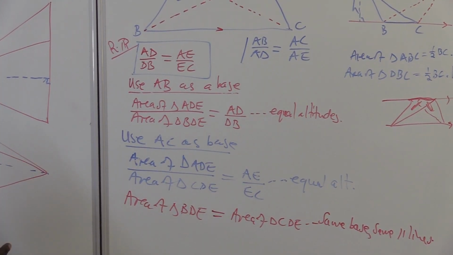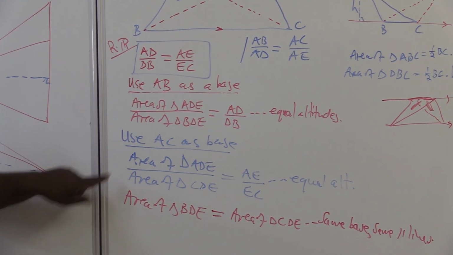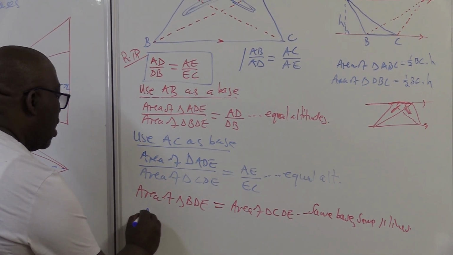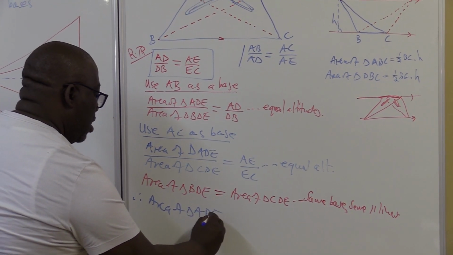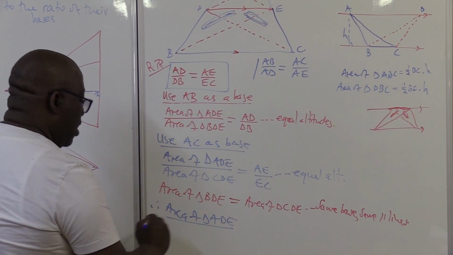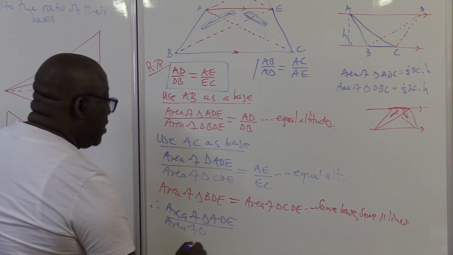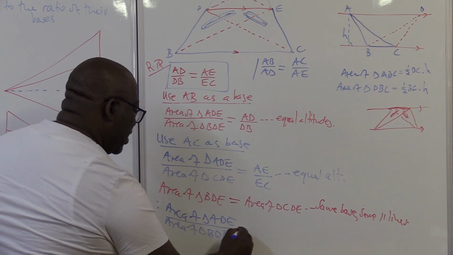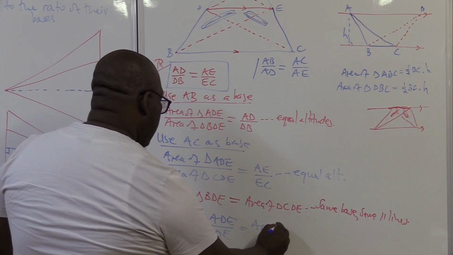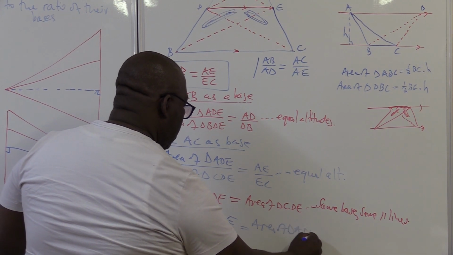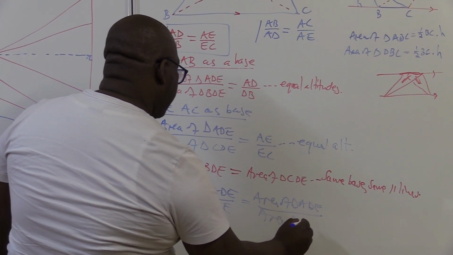Now, if this area is the same as this one, and we can see that this one is the same as this one, then that whole thing, area of triangle ADE over area of triangle BDE, is exactly the same as this one: area of triangle ADE over area of triangle CDE.